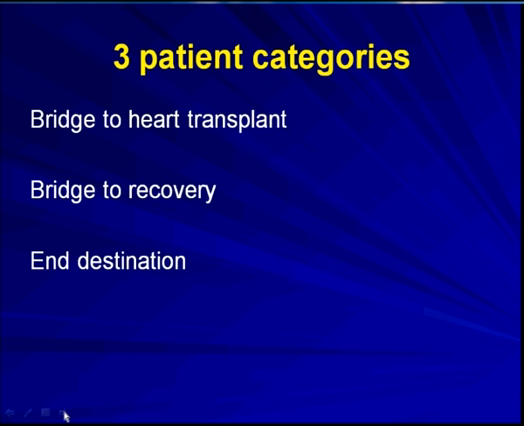That may be a matter of months. It may be a matter of years. And how well they do with that LVAD depends on where they're placed on that list for transplant. So some of these patients may have these devices for a couple of years before they get that phone call.